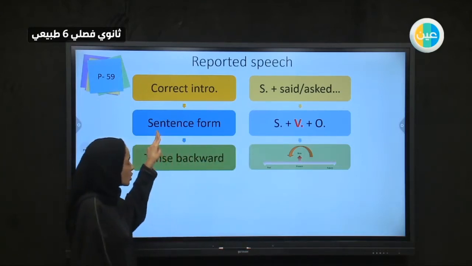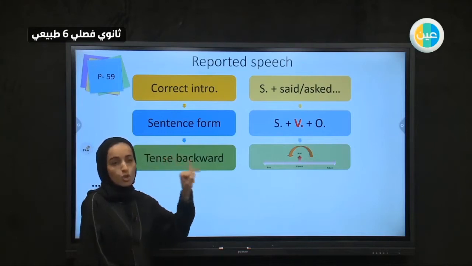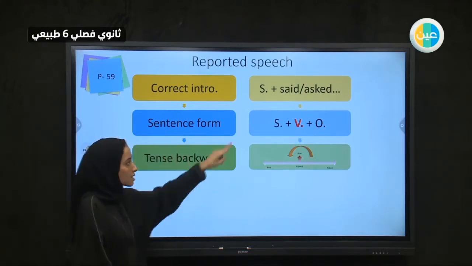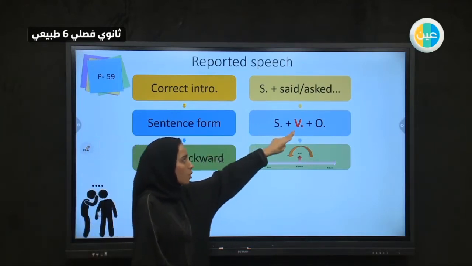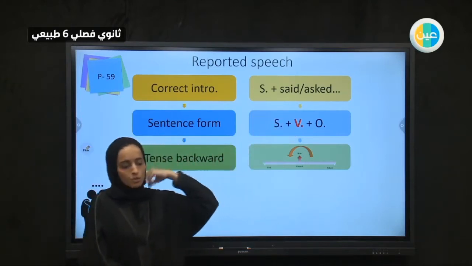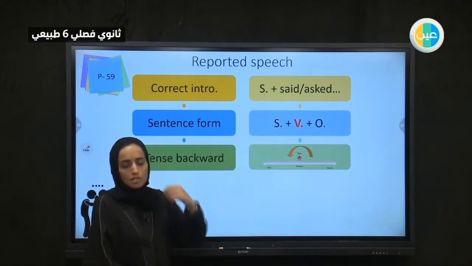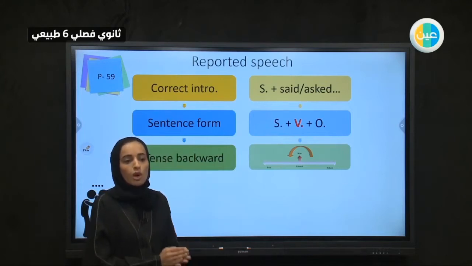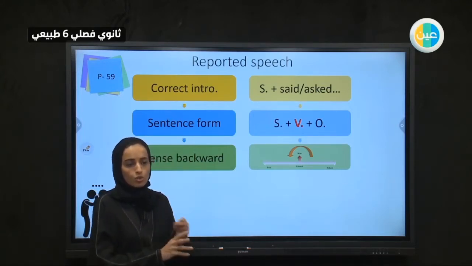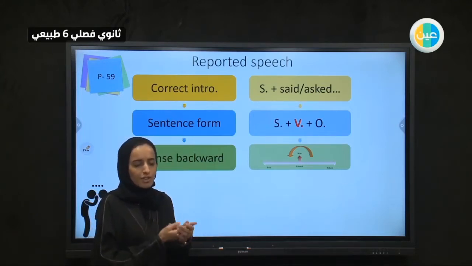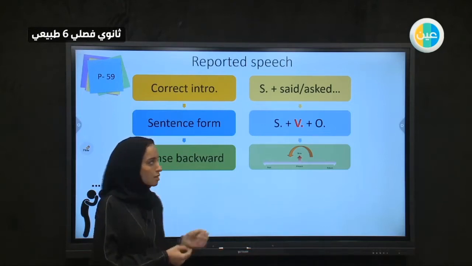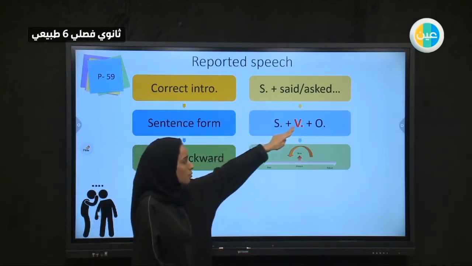Then you have to check that your question or your sentence is in the sentence form, subject, verb, object. This step, you can take out. It is already made for you if it is a statement. If it is a question, now you have to revise it: you will invert it, so it would be a sentence form, subject, verb, object.